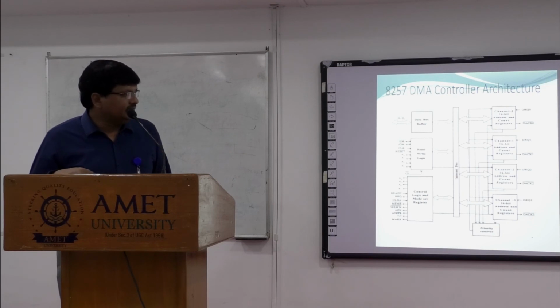Through this internal bus, you can manage the channels, read-write logic modules as well as the data buffer module. Apart from that, it consists of a supplementary module, the priority resolver. Whenever an interrupt occurs or some priority has to be triggered, the flag inside this priority resolver will be set.